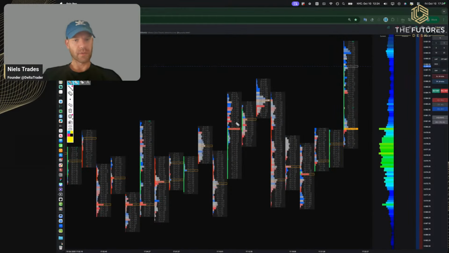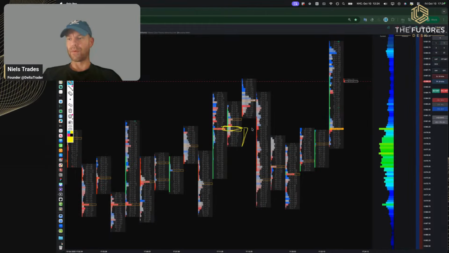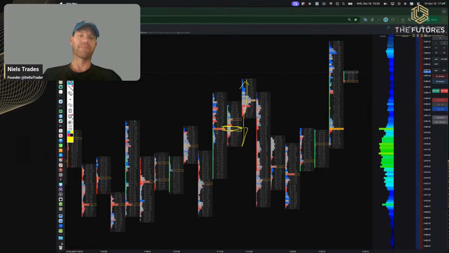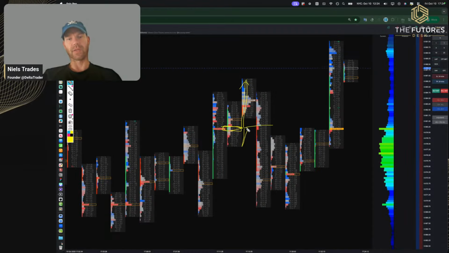This one here didn't go that well right away. If you were thinking it was going higher because there's some imbalance here, it did go up. So it might have been a long in the retest, probably would have taken it. And the second time already you can see it didn't work, right?